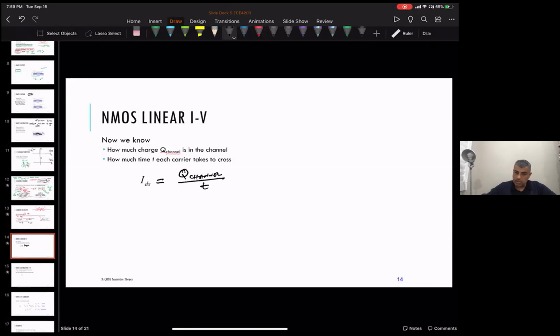The time to get across the channel is the length over the velocity. Velocity is mobility times the electric field, and the electric field is VDS over the length.